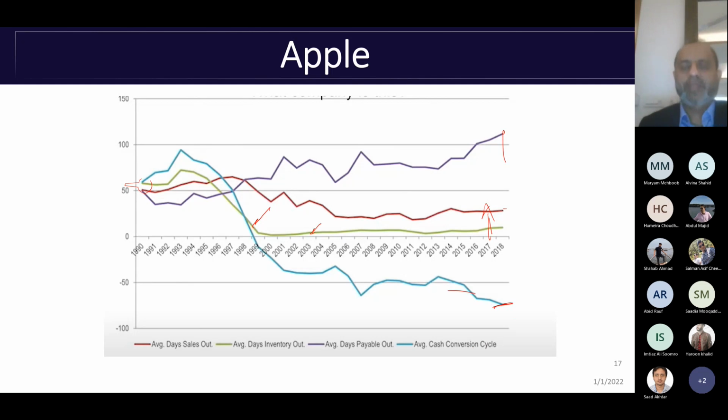So they are having this cash which is not their cash, so to say. This cash has to go to the vendors, but they just keep it to expand their business, so they don't need a penny to run their operations. This is an amazing improvement by whoever is running Apple's business, as you can see in a few years' time, going from here to here.